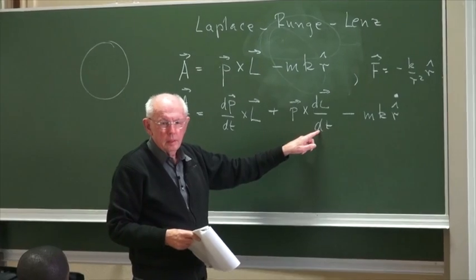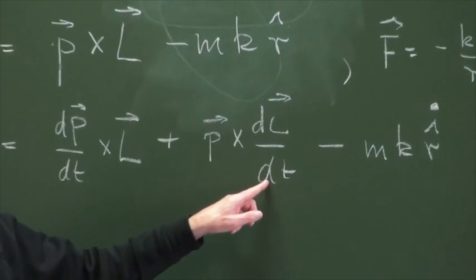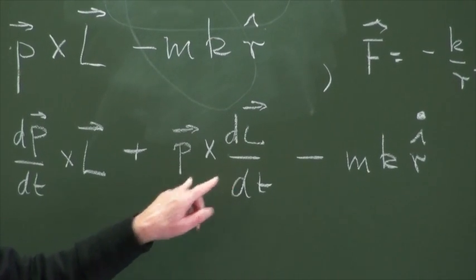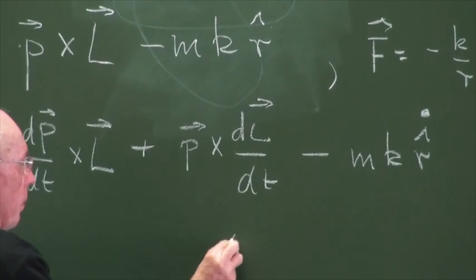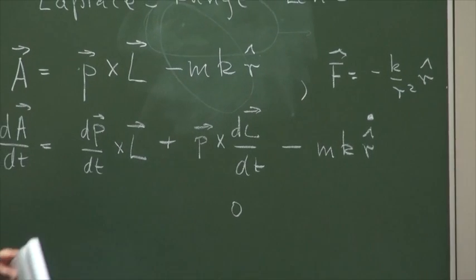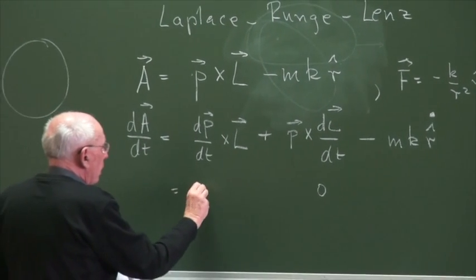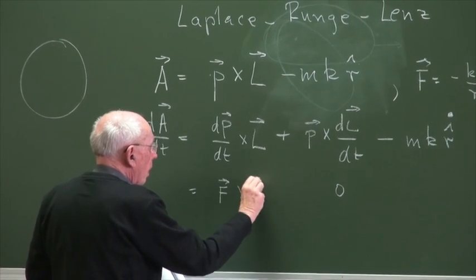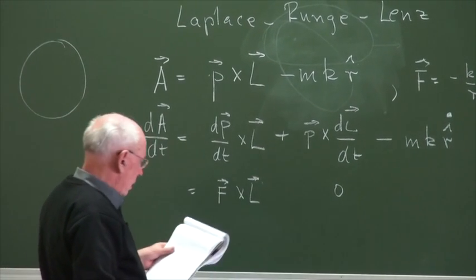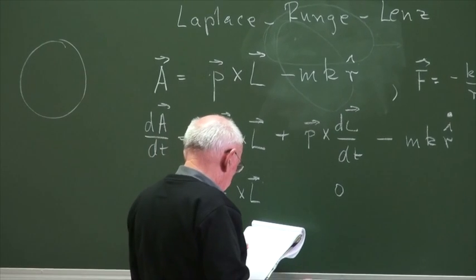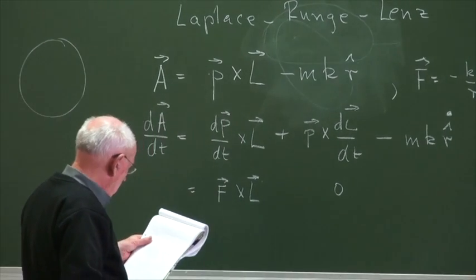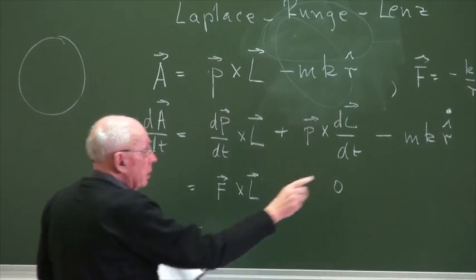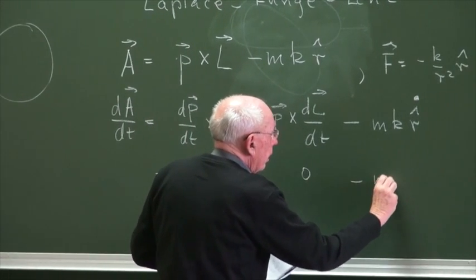So what is this? Yeah, but what is the value of this? 0. And this is F cross L. And so this is minus mk.